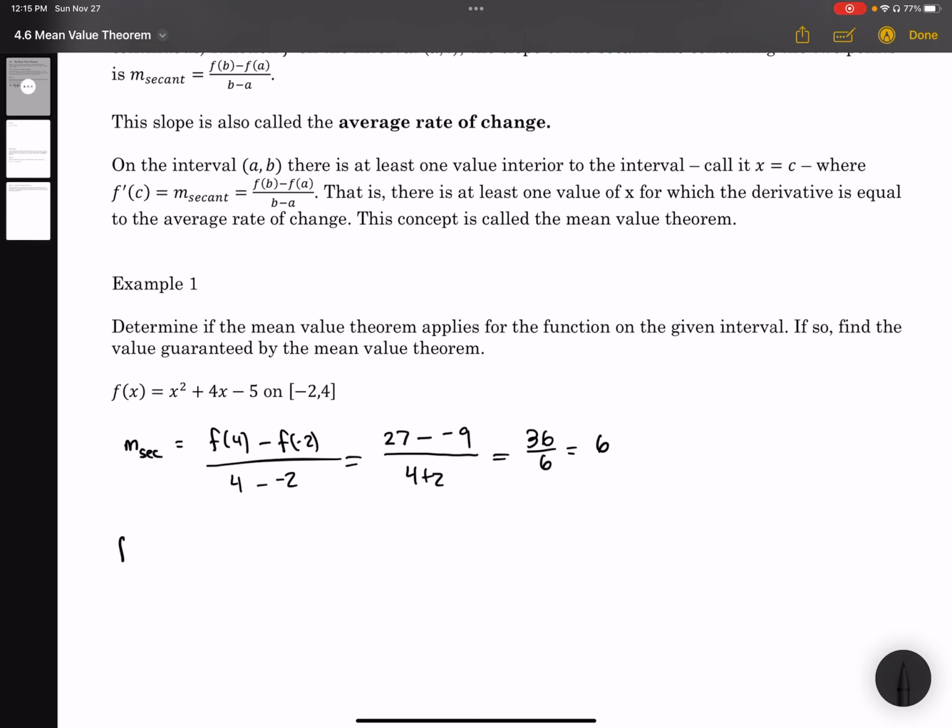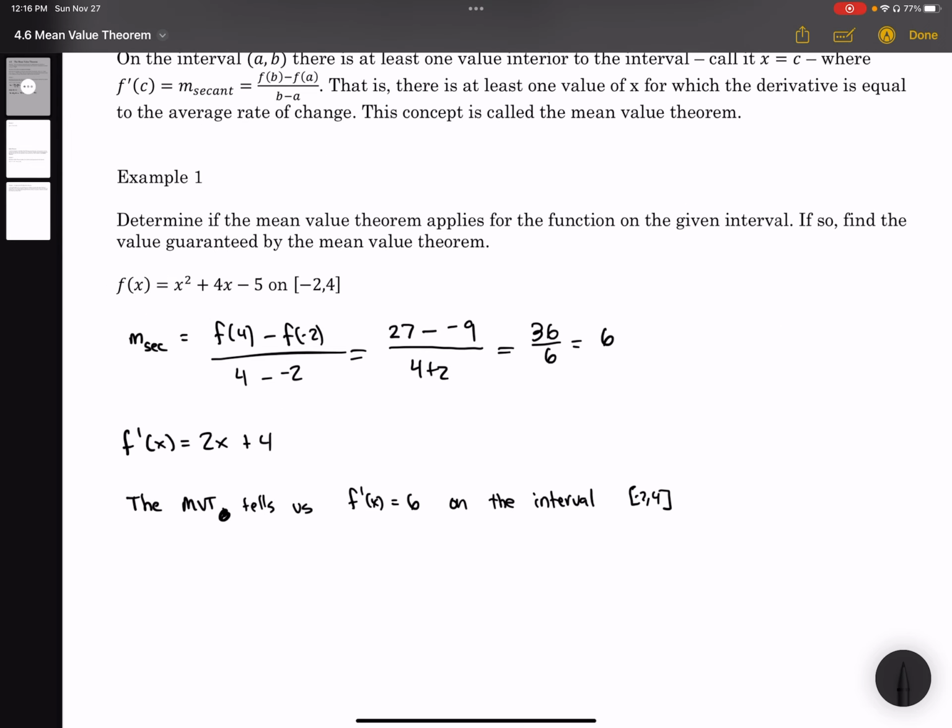Now we need the derivative. Our derivative is f prime of x equals 2x plus 4. So the mean value theorem tells us f prime of x is equal to 6 on the interval -2 to 4.